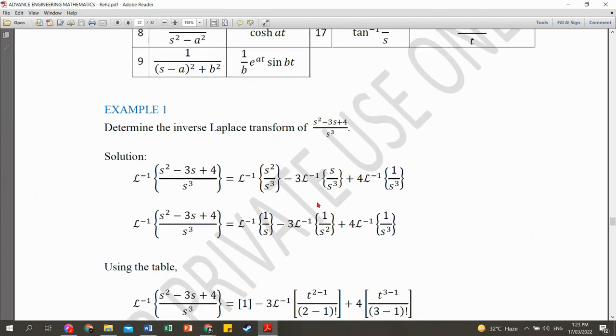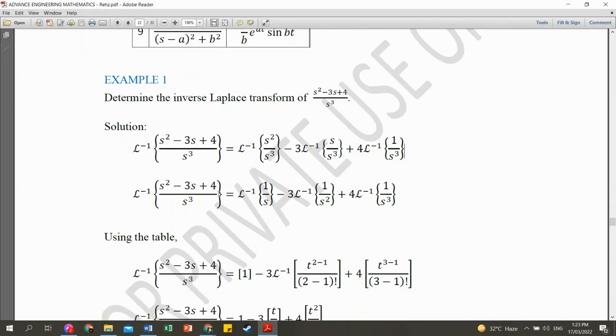Okay? So gagawin natin, the inverse Laplace of s squared minus 3s plus 4 over s cubed can be rewritten this way, applying the linearity property, or linearity theorem. So sa first term, we have the inverse Laplace of s squared over s cubed minus 3 times the inverse Laplace of s over s cubed plus 4 times the inverse Laplace of 1 over s cubed.